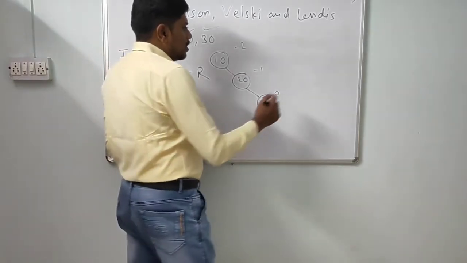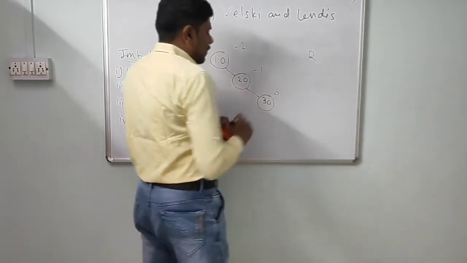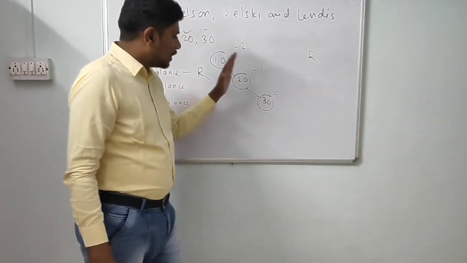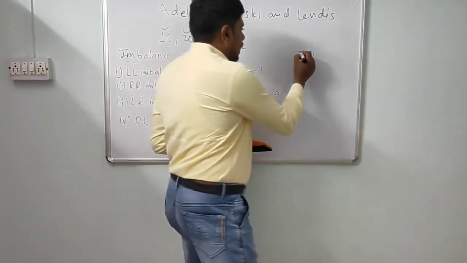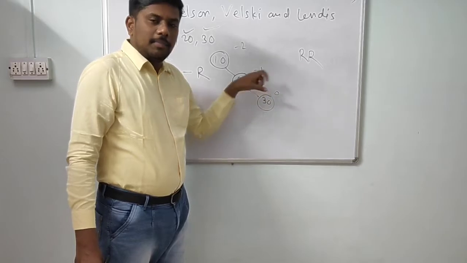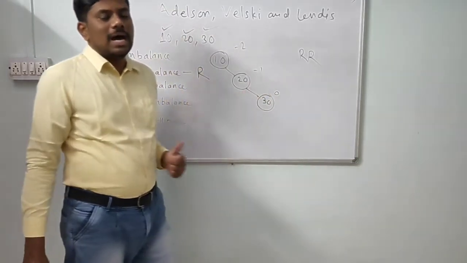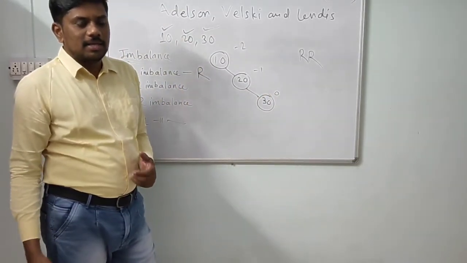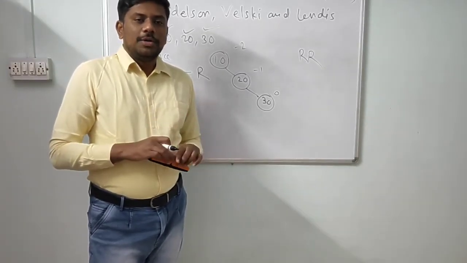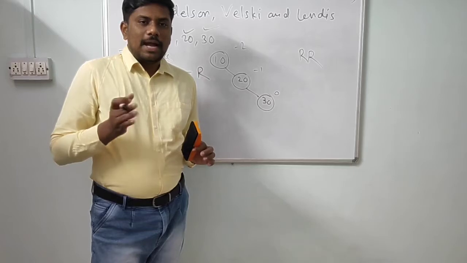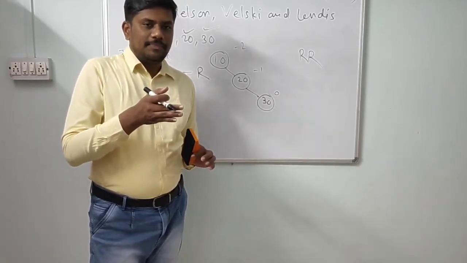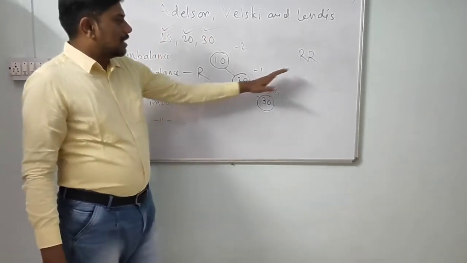We have inserted a new node to the right of the right subtree, and because of that insertion, you got RR imbalance. RR imbalance occurs due to insertion of a new node at the right side of the right subtree. That is called RR imbalance.